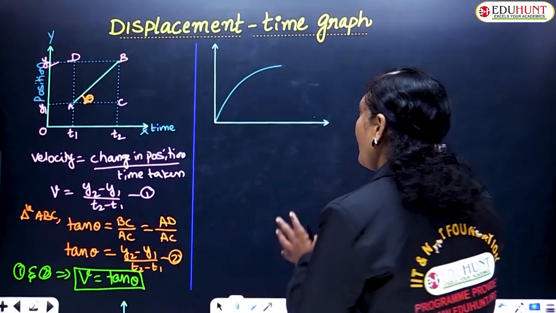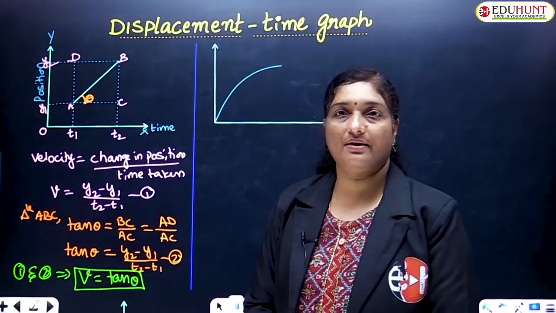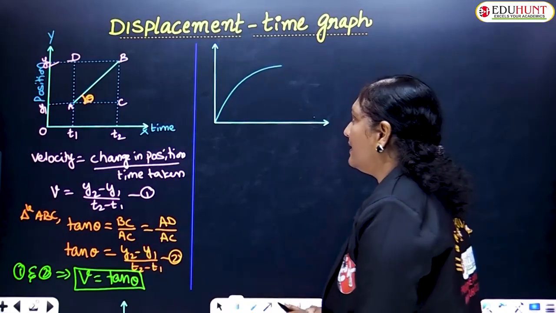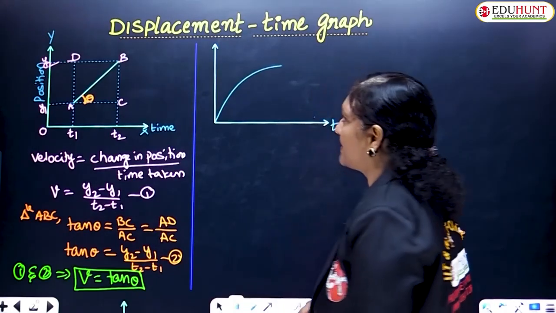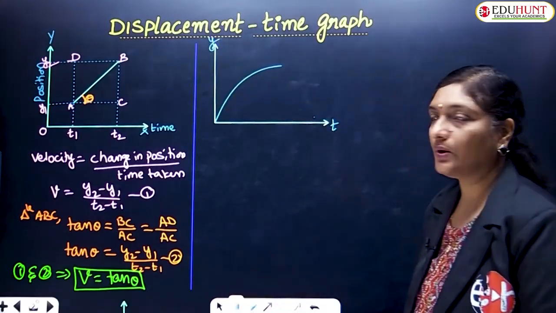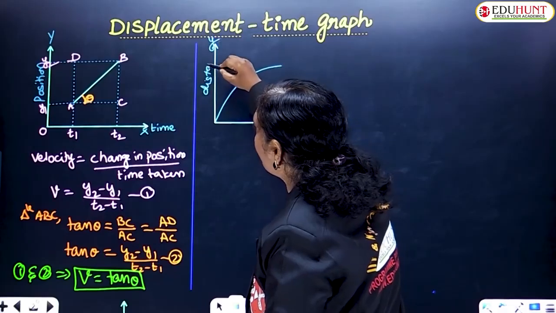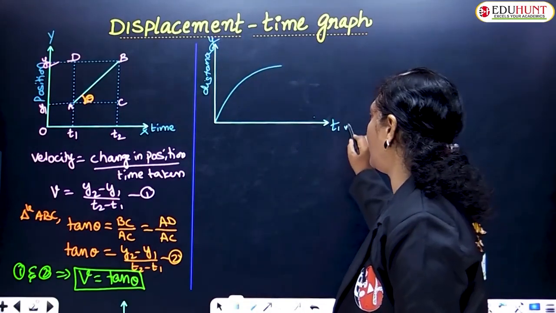Well, now I would like to explain clearly regarding the displacement time graph. If I consider time on the x-axis and position on the y-axis, this position can be either distance or displacement.